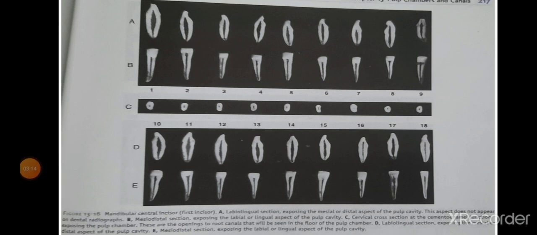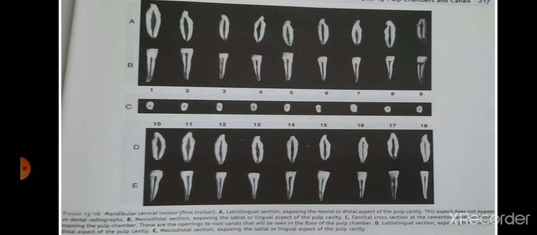Mesodistal section, figure 13.16, B and E. A buccal or facial view of a mesodistal section of the mandibular central incisor demonstrates the narrowness of the pulp cavity.